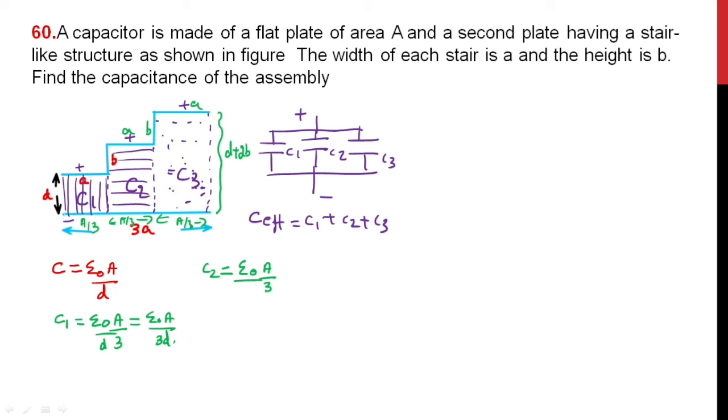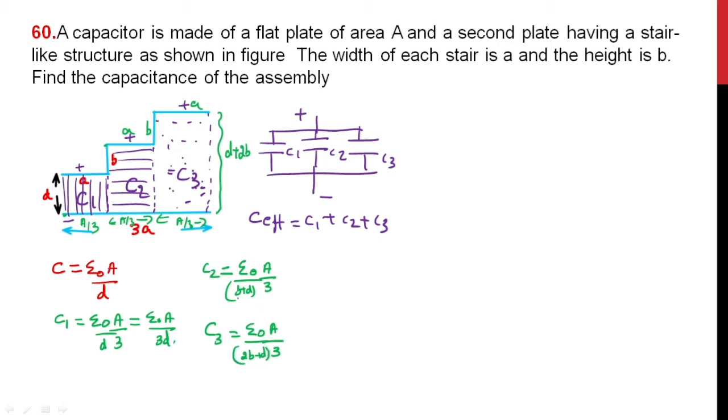The distance from this point to the second plate is B plus D. For the third capacitance, epsilon 0, area A by 3, and the distance: this is B, this is B, so 2B plus D.